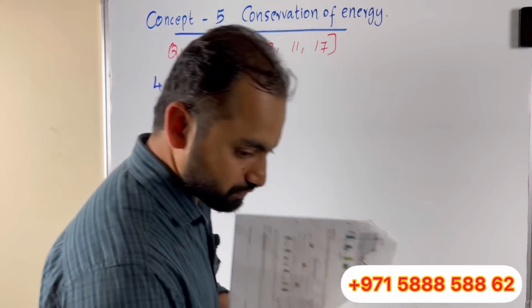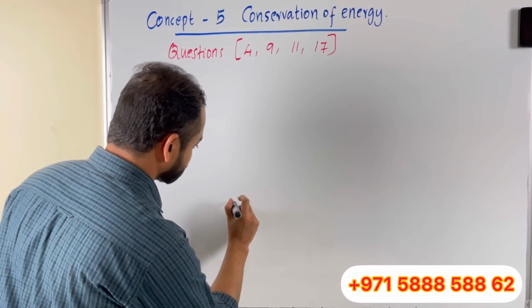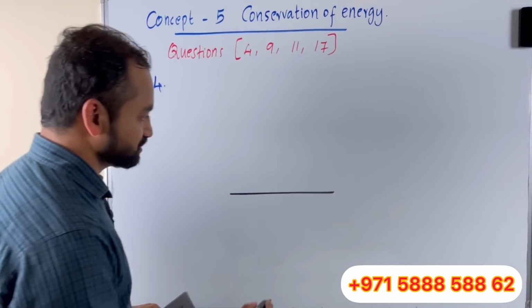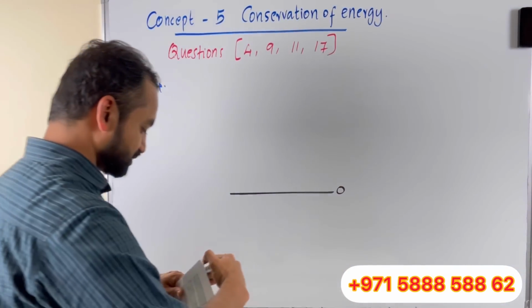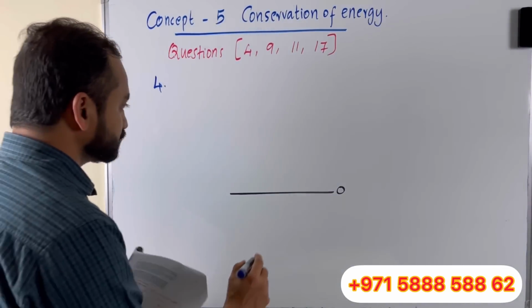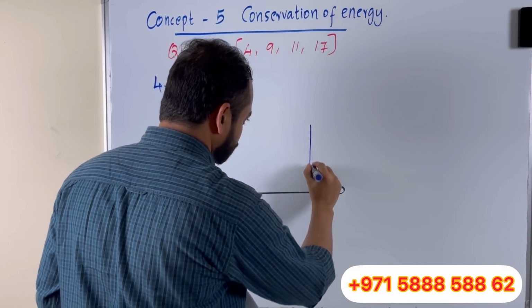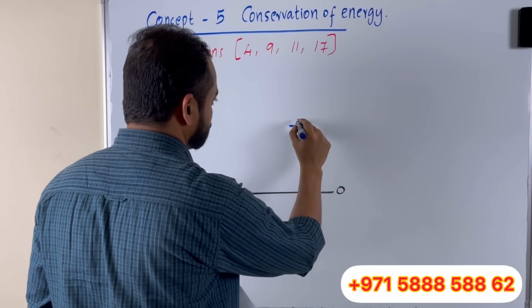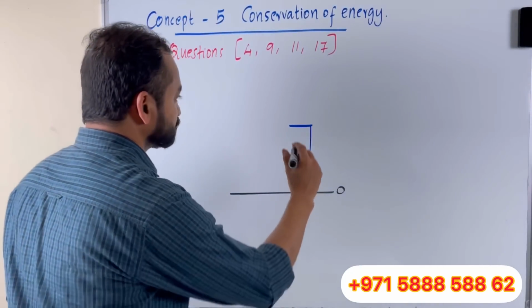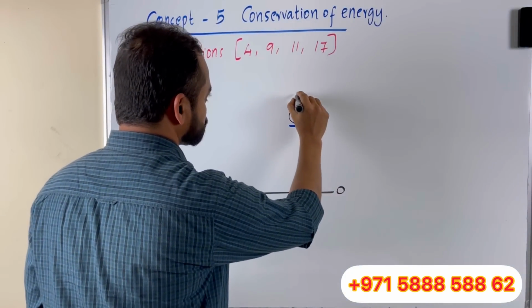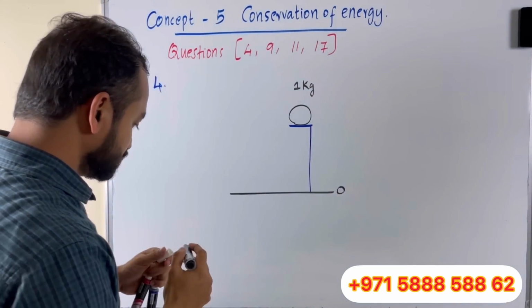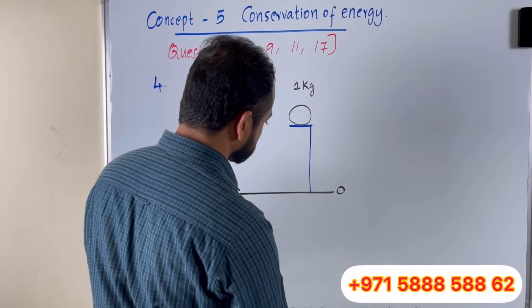This is the ground. We will consider the height at the ground as 0. At this height there is a ball, and the mass of the ball is 1 kilogram.